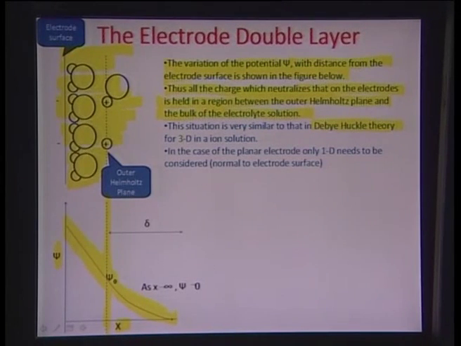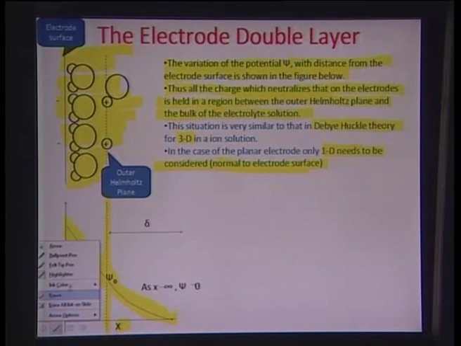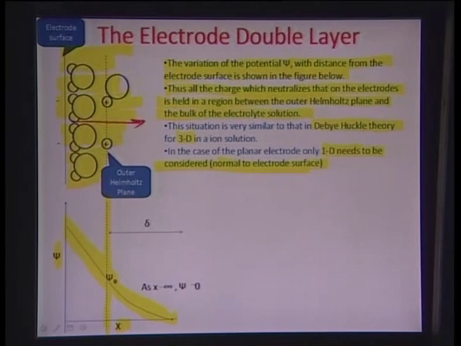Of course, in this case it is not a 3D case, it is more a one dimensional case, and this needs to be considered in the direction normal to the electrode surface. So, for calculating the potential we can consider just one direction normal to the electrode surface and try to understand the variation of the potential phi with respect to that direction x.